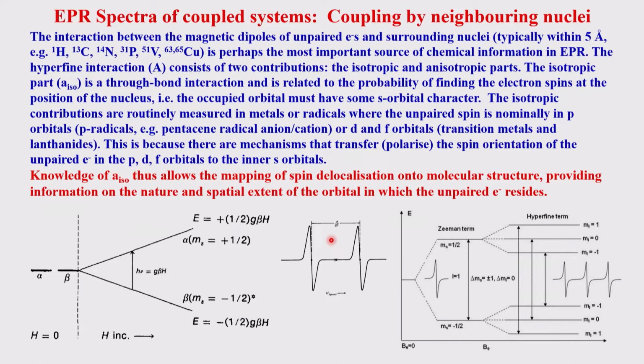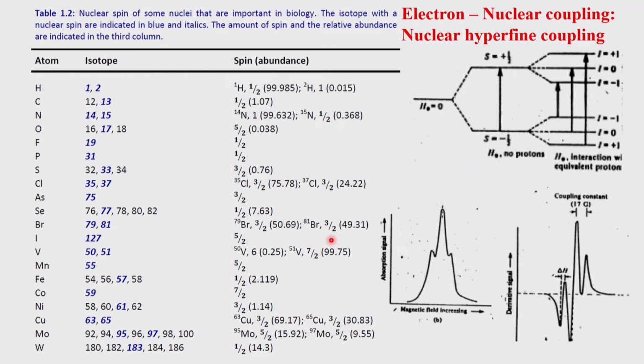Okay, I hope that you understand how this one single transition is now converted into multiple transitions because of the nuclear spin coupling. Now to understand whatever I said in the previous slide, now we have a set of values, set of isotopes or atoms and isotopes, and their spin value and their abundance value, and that should tell us which one will give coupling, which one will not give coupling.